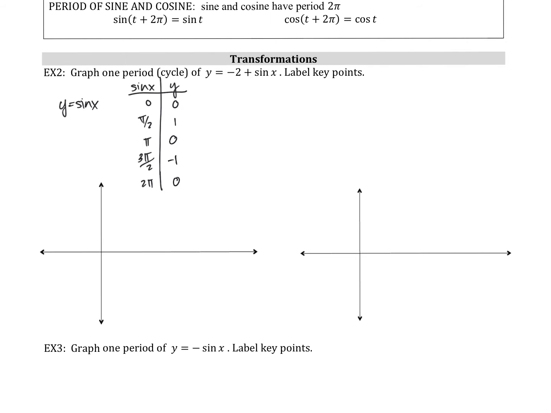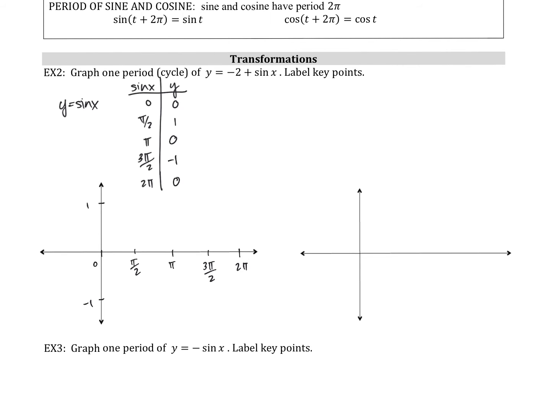So let's go ahead and graph this. First, let me label out my points. So you have 2 pi, 0, halfway between is pi. And then we have pi over 2. And lastly, 3 pi over 2. Now let's go ahead and do the points. So 1, negative 1.